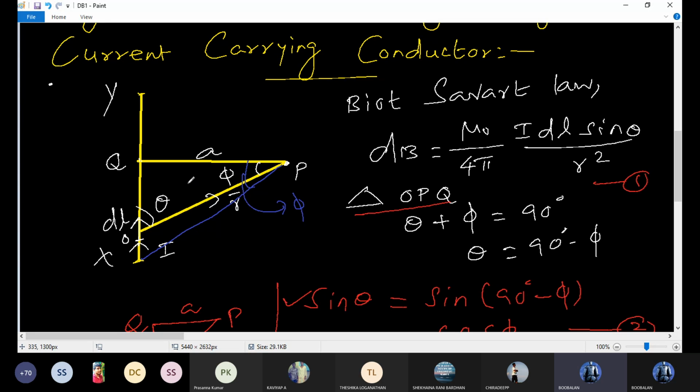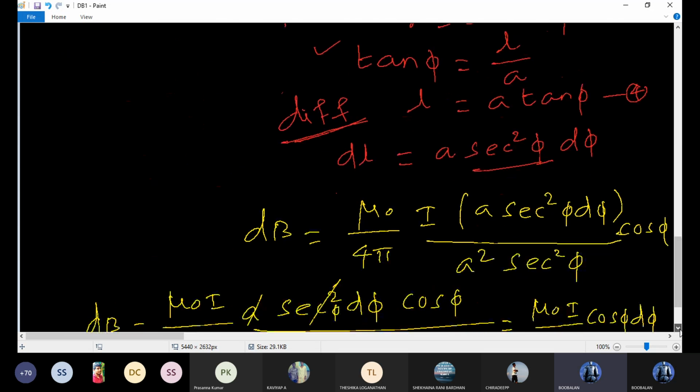In this diagram, I will show you. Phi 1 is for this angle, phi 2 for the entire conductor. Again, I will show you the diagram.